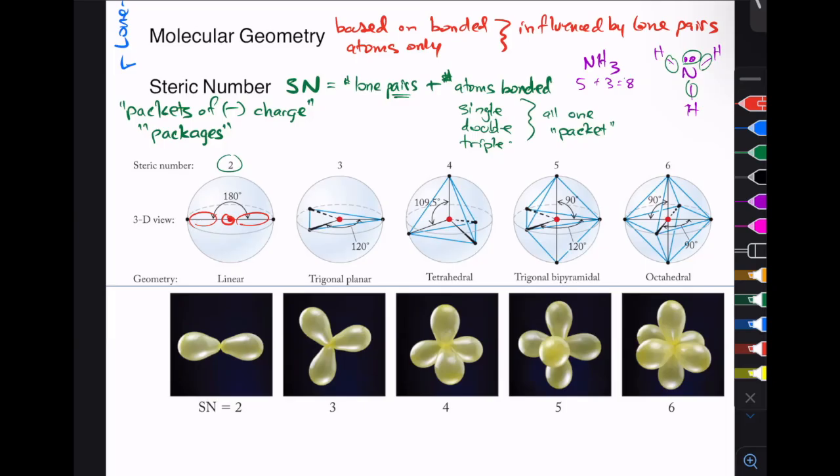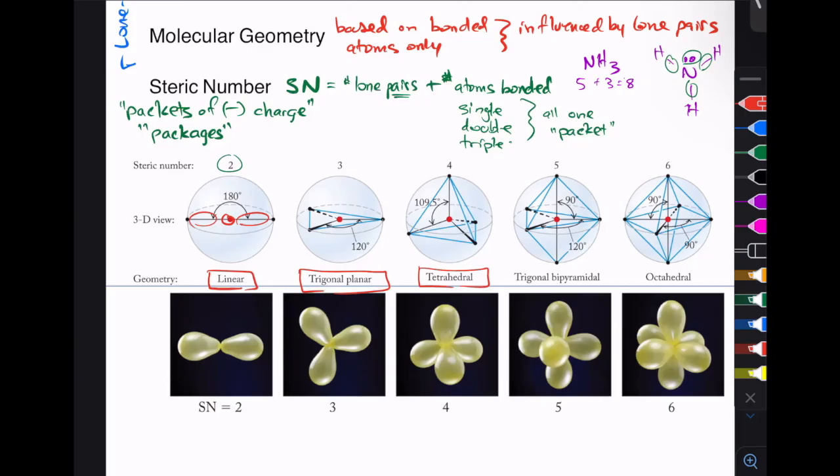And the balloons, if you think about the static charge that surrounds them, if you hooked up 2 balloons like this, they will orient in a linear fashion. Okay? So we've got linear. I already explained to you trigonal planar, and I already explained to you tetrahedral. Those are the natural shapes that these packages of negative charge will take on when they are all bound to a central atom.